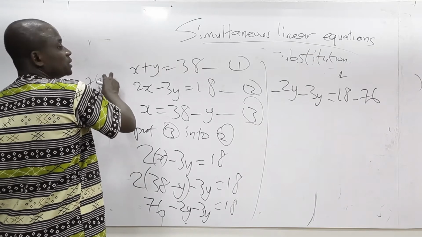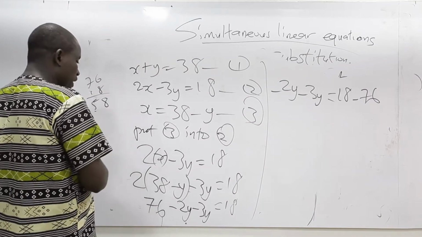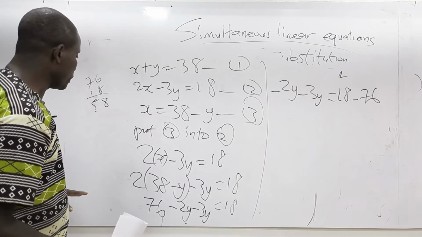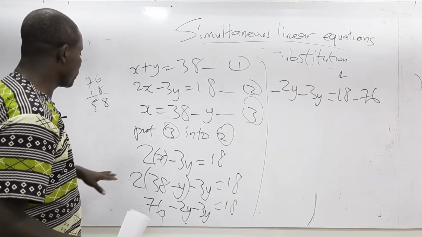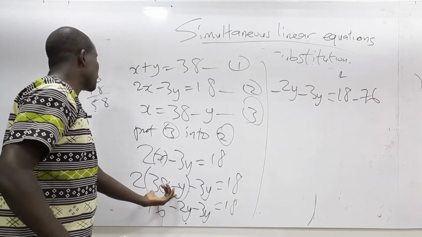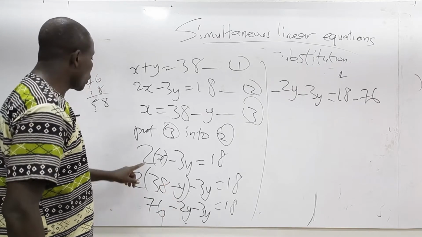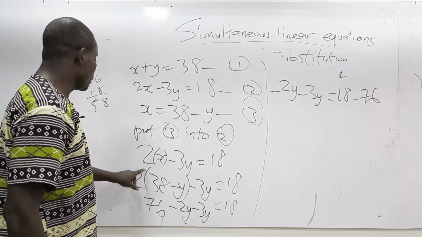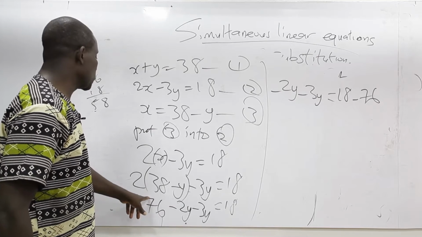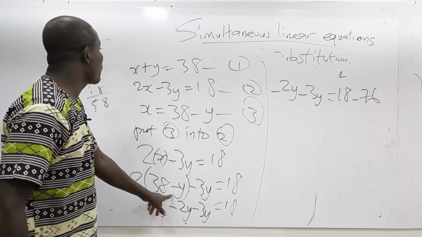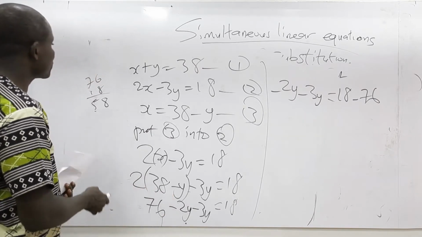When we subtract, let me first check the figures again. I want to be very sure of what we are doing. We have put 38 minus y here, so 2x, that is 2 times 38 minus y. I'm getting a little bit lost.